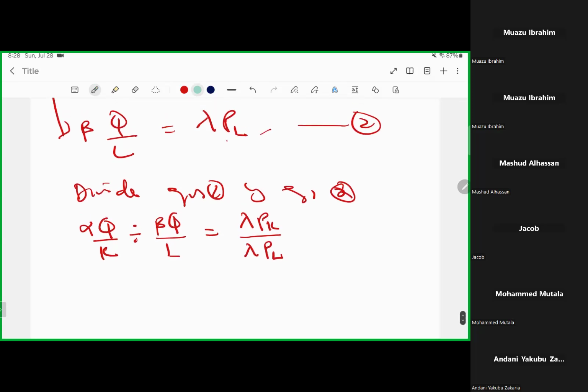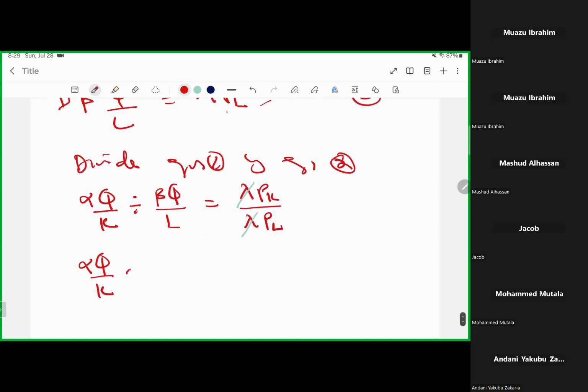Once we divide, lambda will cancel out. For the left-hand side, we will have alpha Q all over K times the reverse, L over beta Q, is equal to PK all over PL.